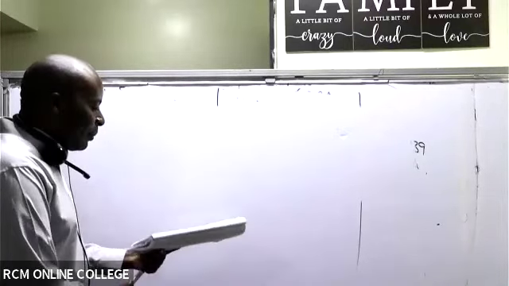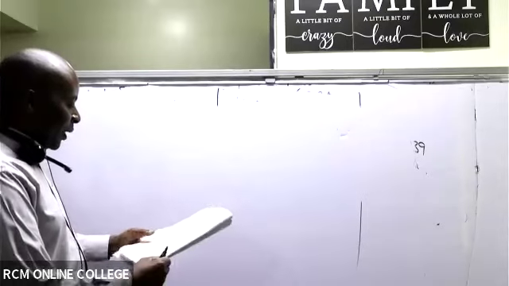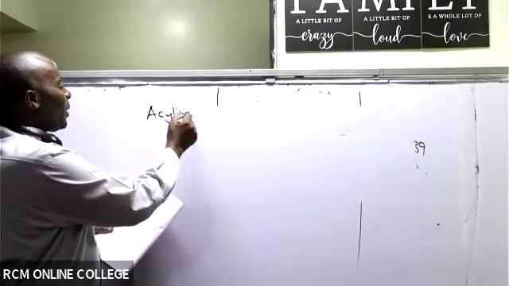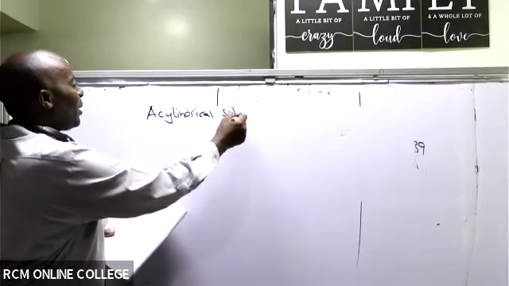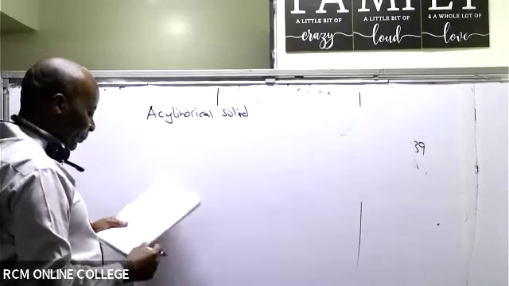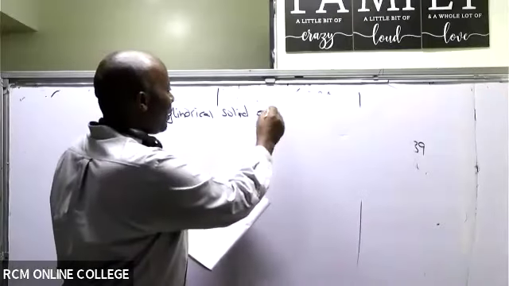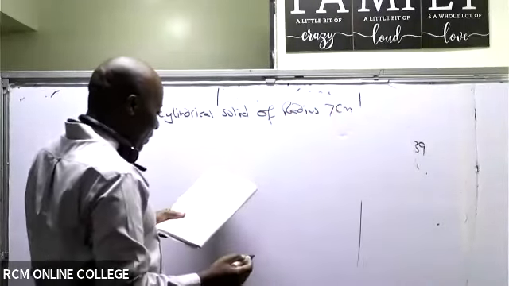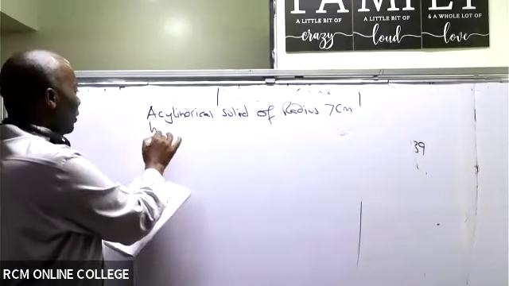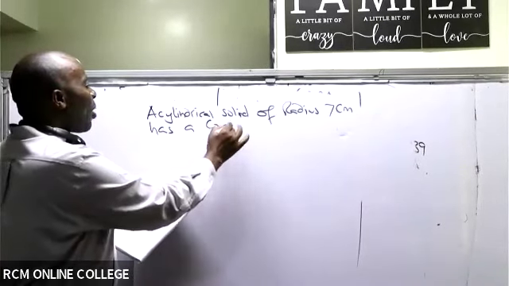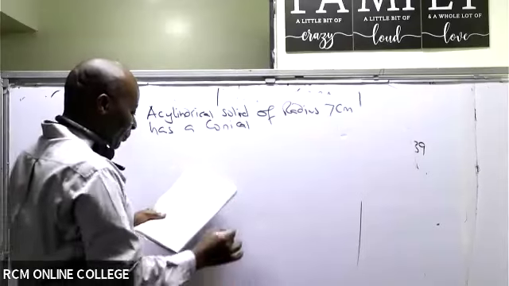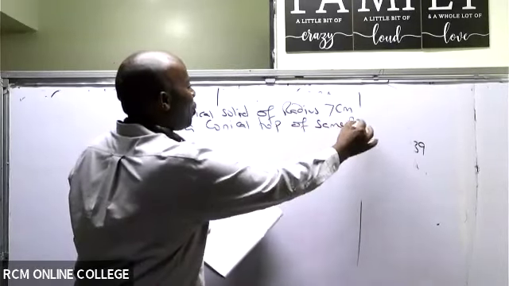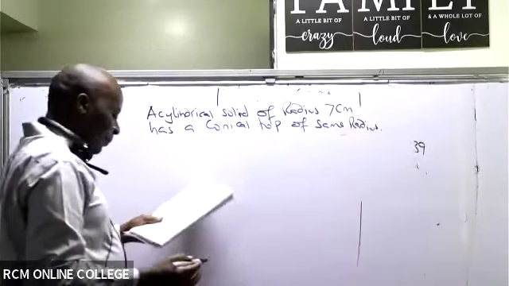So we are told here, question number 4 of this KCSE 2023, that a cylindrical solid, a cylinder of radius 7 centimeters, has a conical top of the same radius, like that.